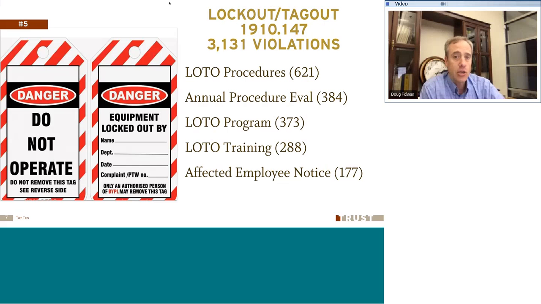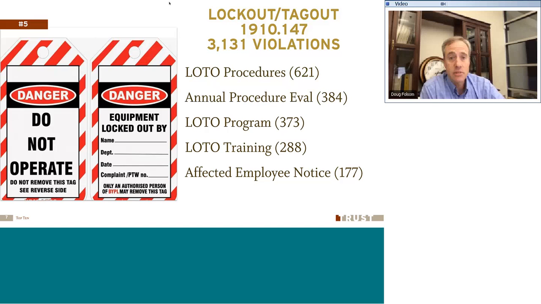Also, an annual procedural evaluation. Part of this standard requires that at least once a year we go through and take a look at what our procedures are for lockout tagout and verify that those are still the best procedures for the equipment that we're using, and make sure that we're following those programs. Not having a lockout tagout program would be the next most common reason for a citation in this category.